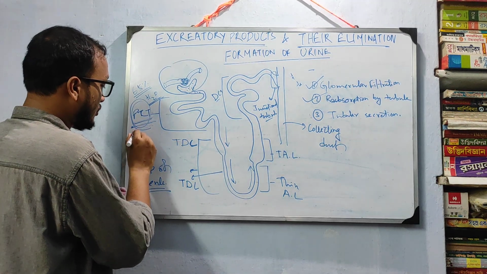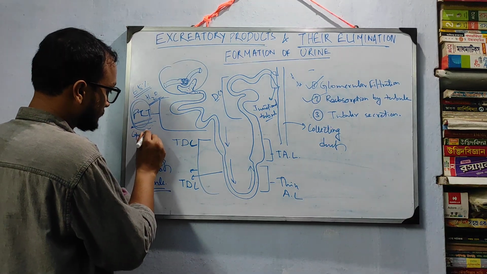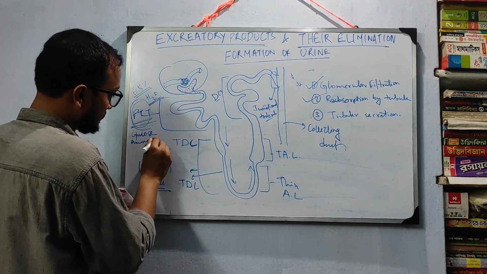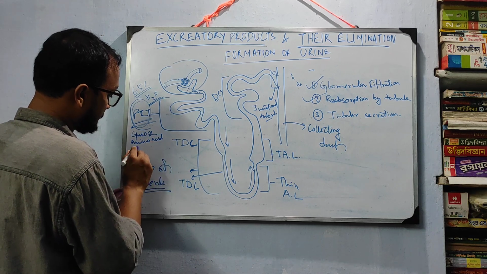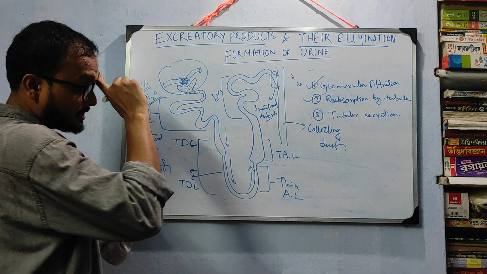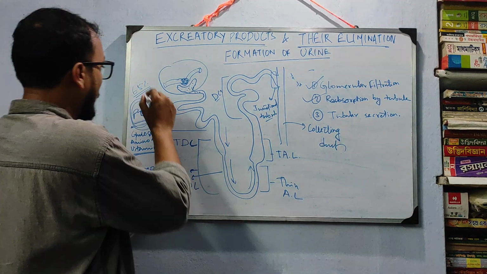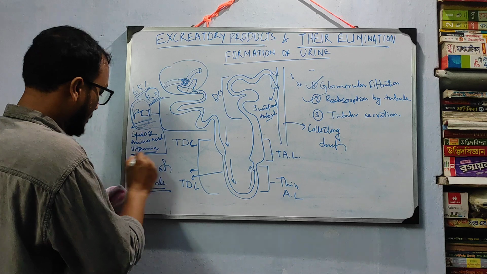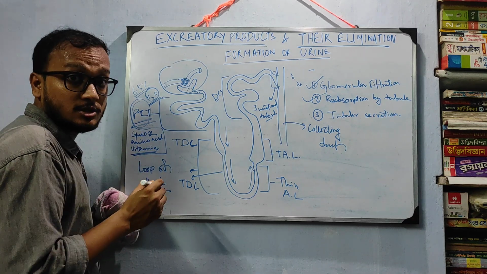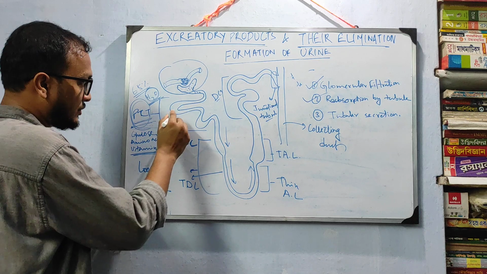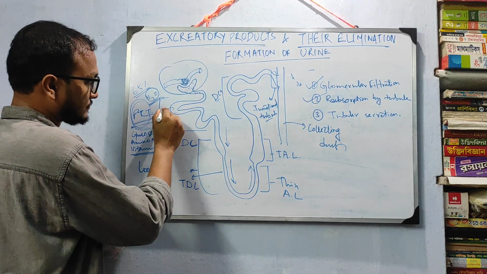Some amount of glucose, amino acid, and vitamin will all get absorbed. Water is absorbed by osmosis, while these others are absorbed by active transport.